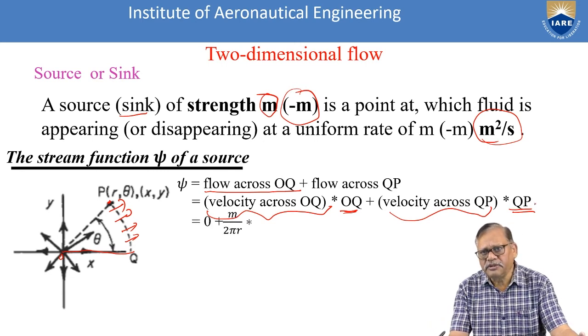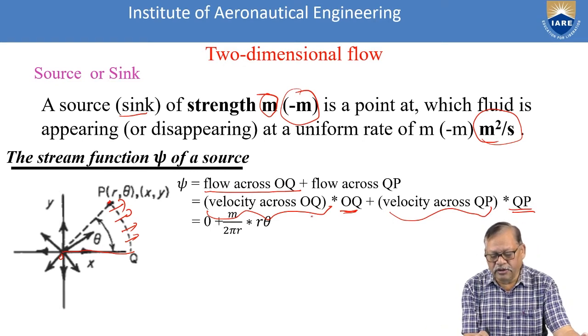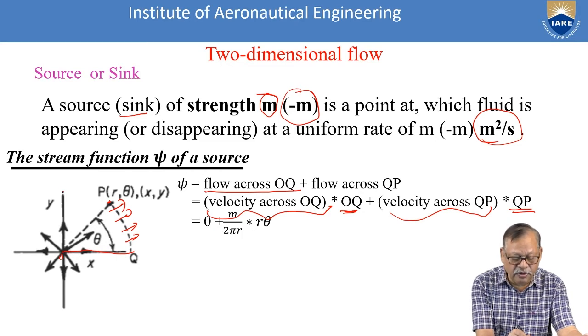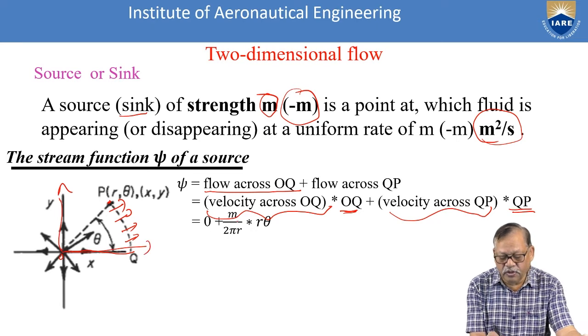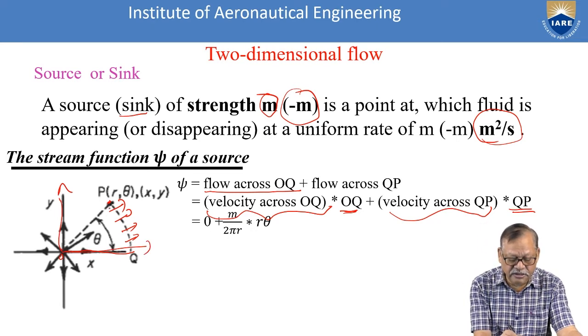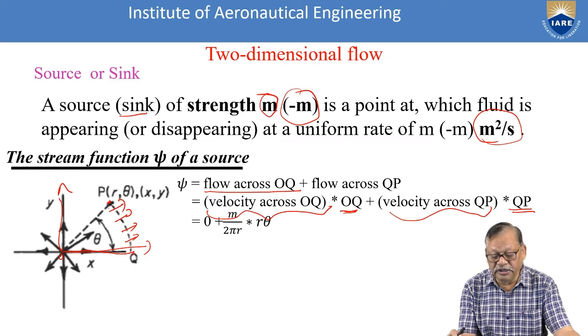So if we look at how much velocity across OQ there is in this coordinate system, there is a distance OQ, but the velocity across it is 0.